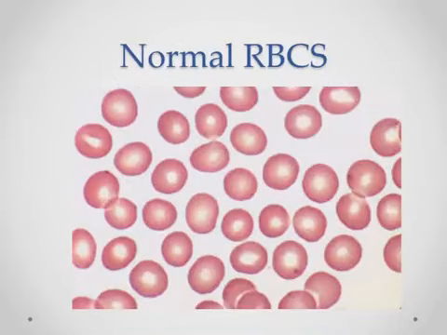So finally we reached the shape of normal red blood cells. As we see, red blood cells are normally discoid in shape, and that helps them to be more flexible and deformable, and they show central hypochromia like what we see here.